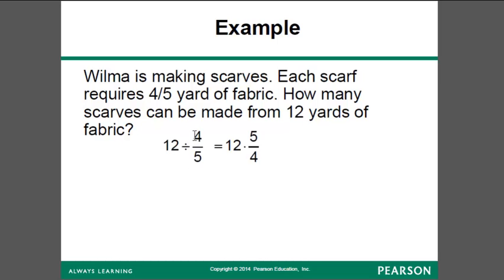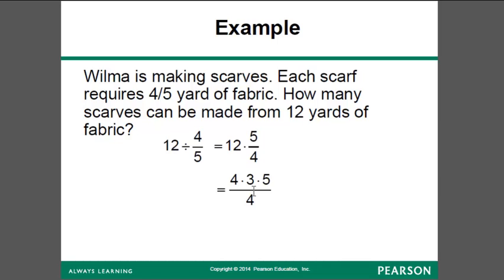Remember, 12 divided by 4/5 is the same thing as 12 times the reciprocal, 5/4. Remember that 12 is over 1, and we're going to multiply, and I've already factored out the 12 into 4 times 3.